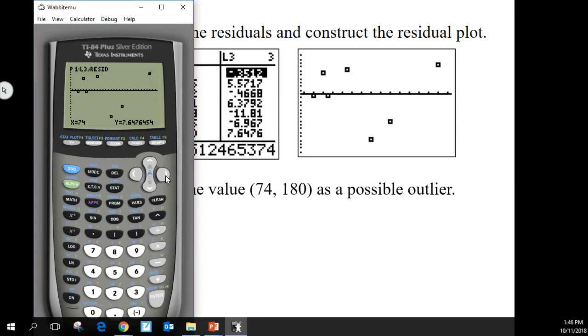Okay. I can also look at it on the original scatter plot. It changes back to L2, or I'm sorry, L4. And again, we have to tell it where to zoom in. And there's my line. I hit trace to find that 74.